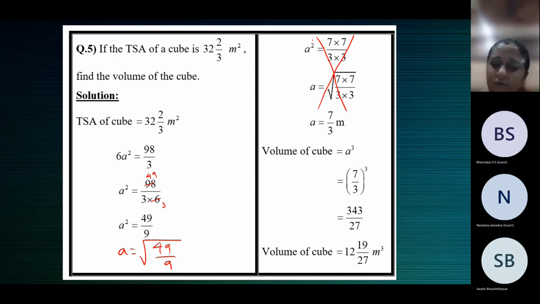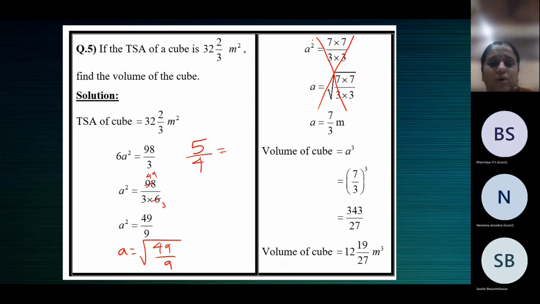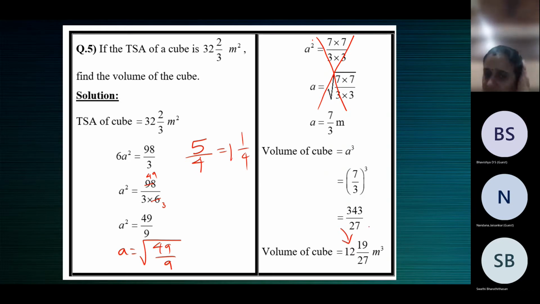Normally, that's what we've studied in lower classes: when we have an answer as an improper fraction, we shouldn't leave it as an improper fraction. We should put it as a mixed fraction. Okay, ma'am. Done, ma'am. All right.